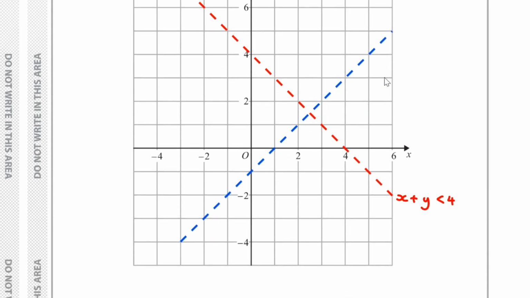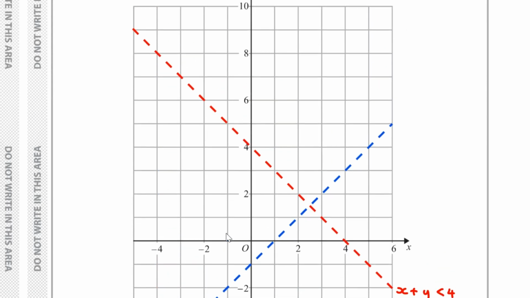So here is the line y equals x minus 1, and we will be showing y being greater than x minus 1. Let's do the other one.